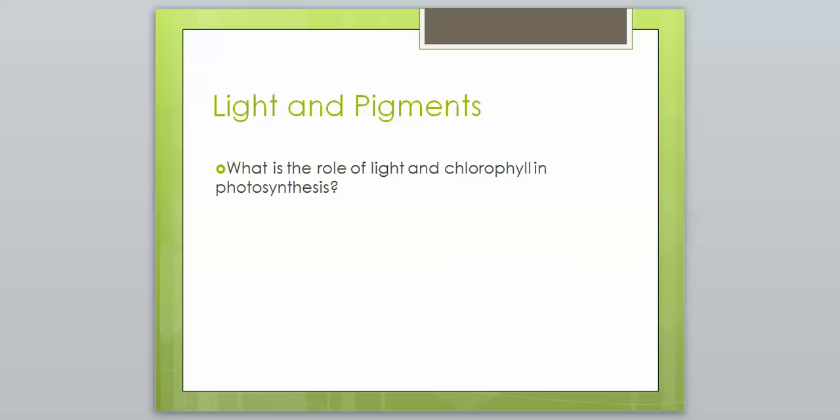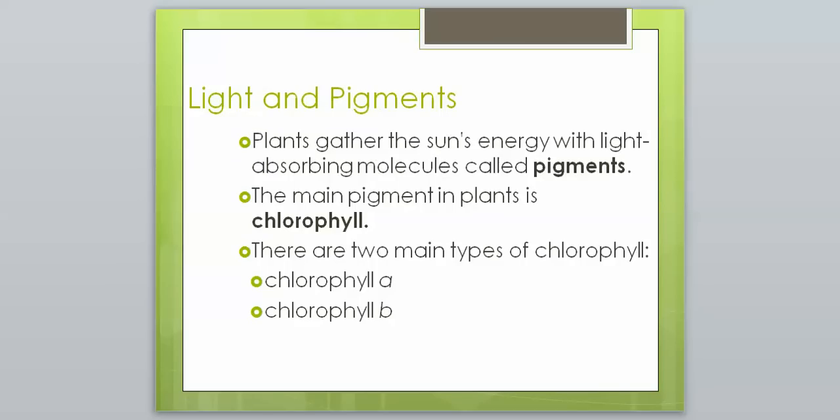And so now we're going to look at what role light and pigments play in photosynthesis. The pigment we're going to talk about is chlorophyll. Hopefully this isn't a new term. We've heard that before. So first, we're going to look at pigments.